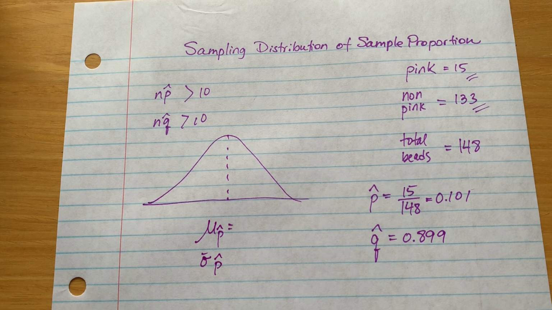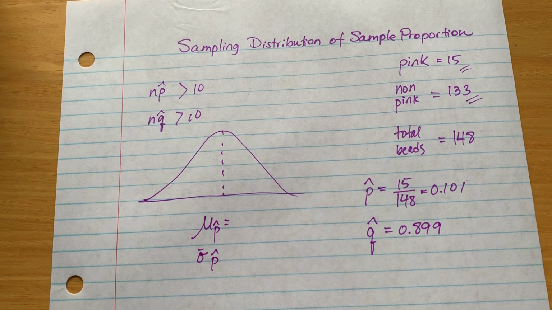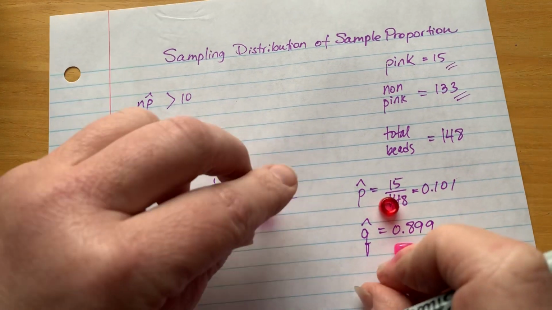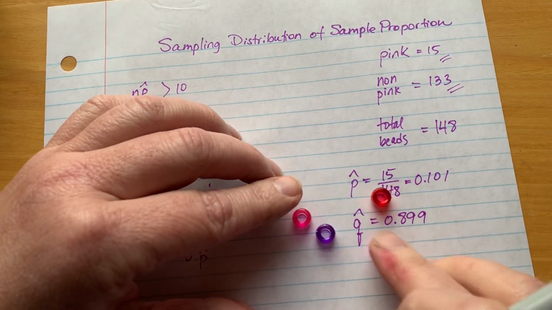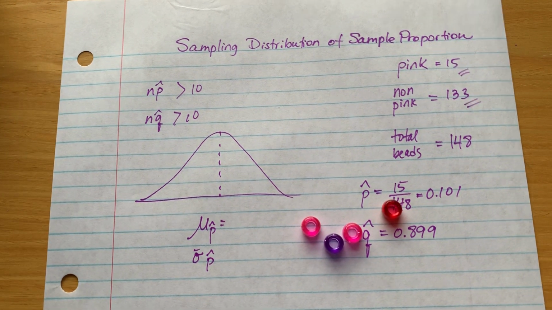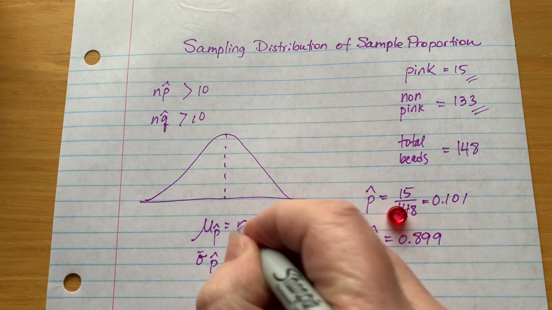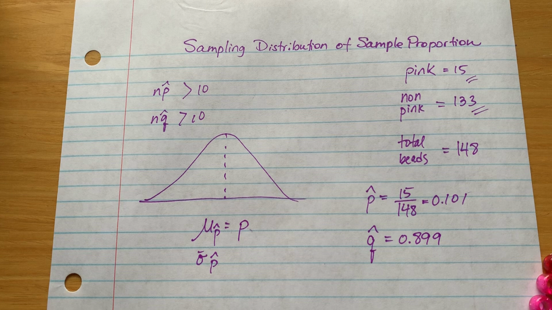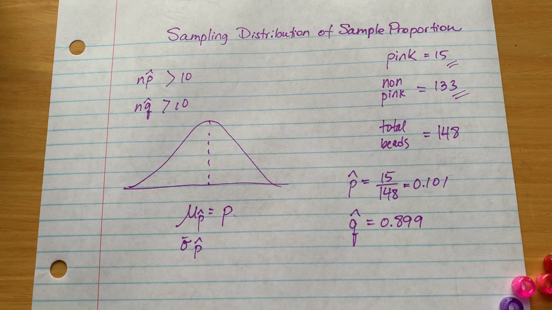The beauty of these beads, and not just beads, whenever we want to estimate a proportion, is that the mean is going to be the proportion of things in the population. So one sample is going to be a little bit below, one sample a little bit above, but they're all going to be centered around the true population proportion.